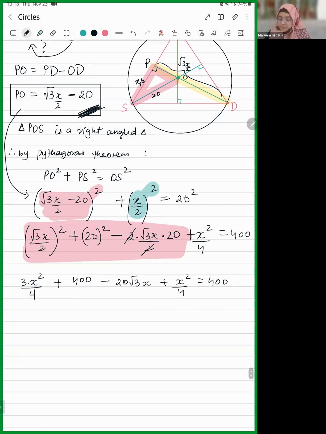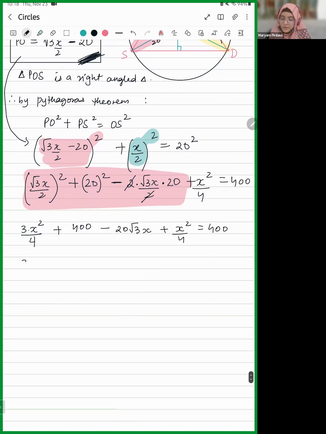So what we have here is 3x square by 4 plus x square by 4. I just brought this over here. Minus 20 root 3x is equal to 400 minus 400, which is 0. Till here, did you all understand?